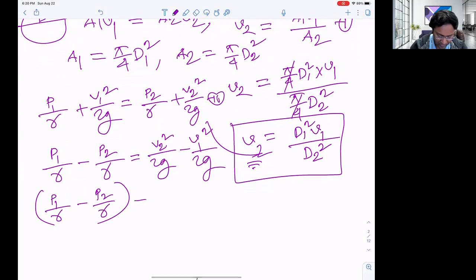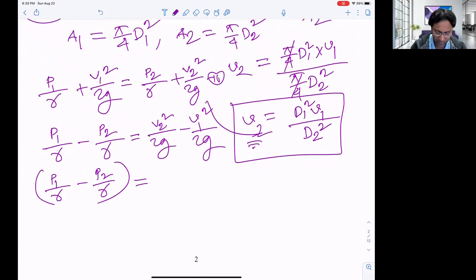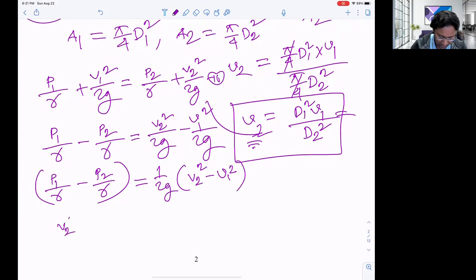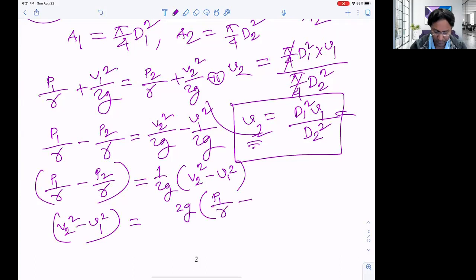And then we have V2, right? The V2 is V1 squared times this ratio. And before that we can do 1 over twice g times V2 squared minus V1 squared. So we can write V2 squared minus V1 squared, and if we multiply this by twice g, we will have P1 over gamma minus P2 over gamma, right?